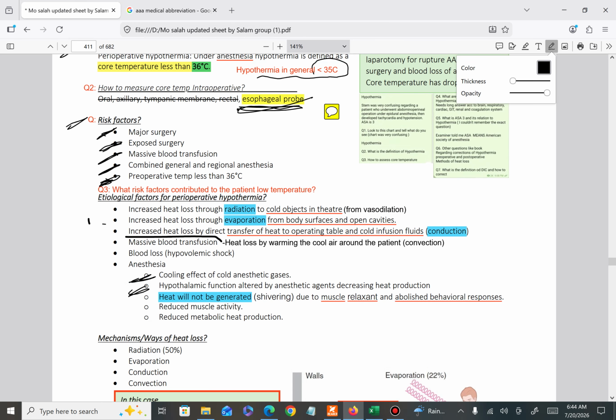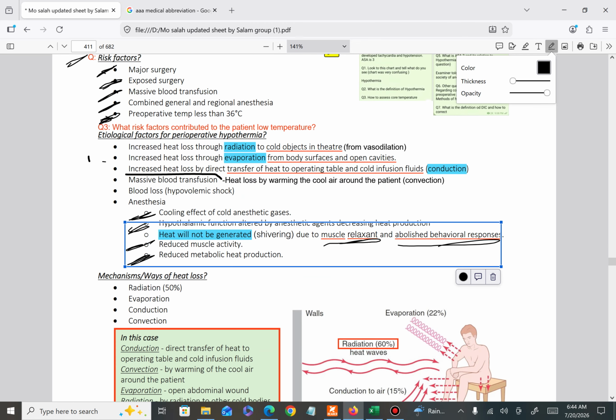It decreases heat production, so heat will not be generated; shivering is abolished due to skeletal muscle relaxants, and behavioral responses are abolished. Then there is reduced muscle activity and reduced metabolic heat production. These effects can all be caused by anesthetic agents, and can lead to hypothermia.